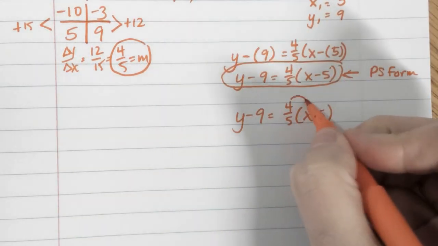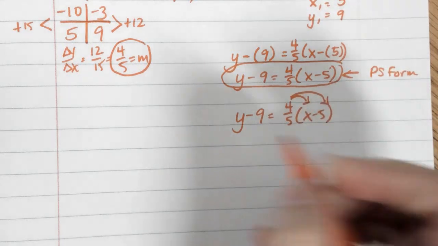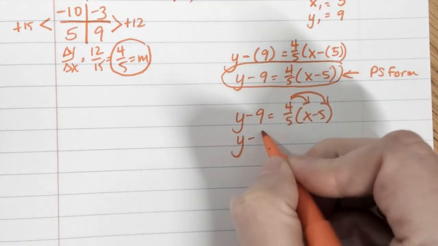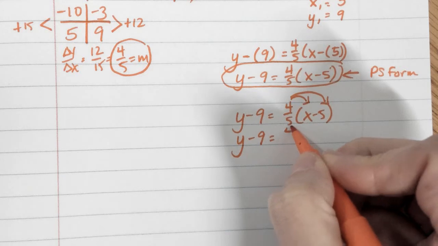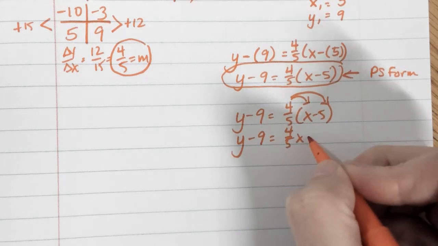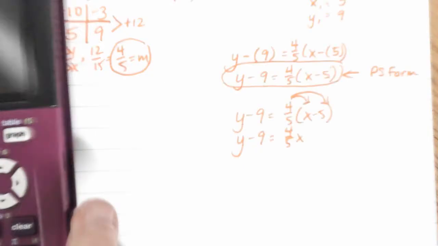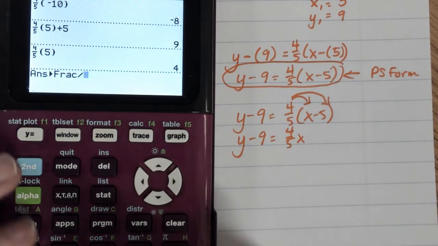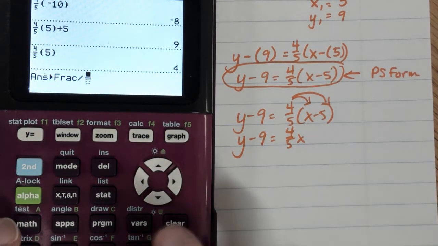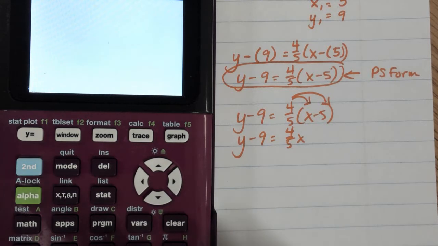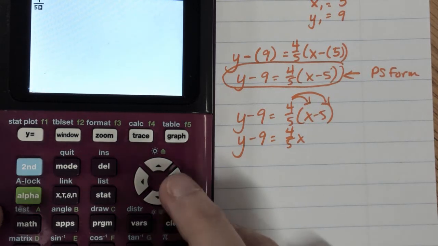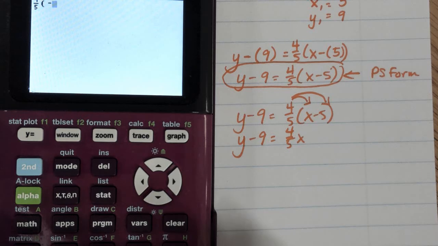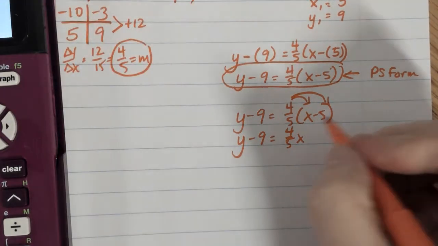So I'm going to distribute this 4/5 to everything inside, and all the leftovers come down. 4/5 of x, 4/5 times negative 5, oopsie, 4/5 times -5 is -4.